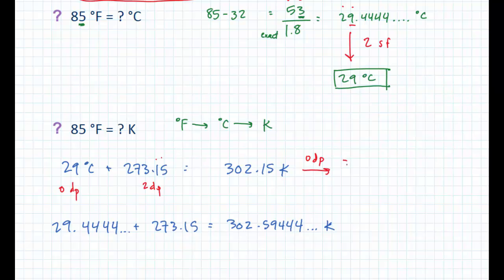Just 302. Okay. Would this one be limited by now the 2 decimal places over here? Nope. Why not?